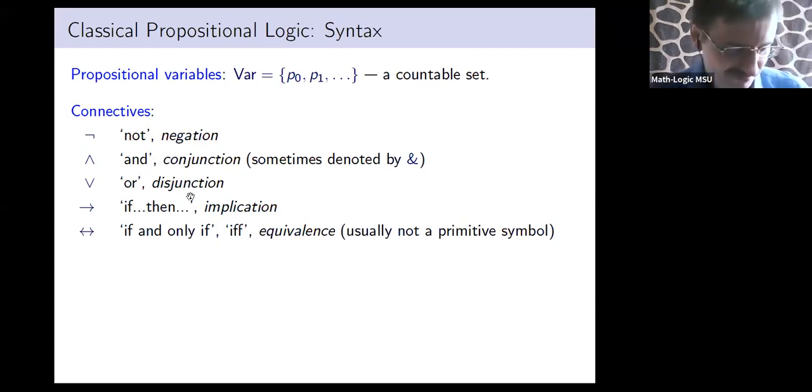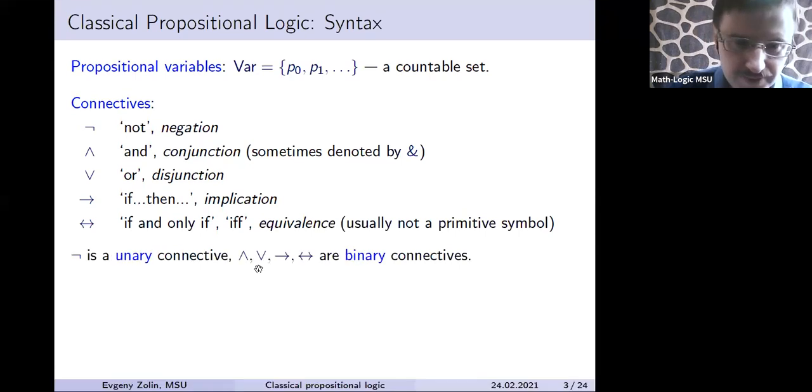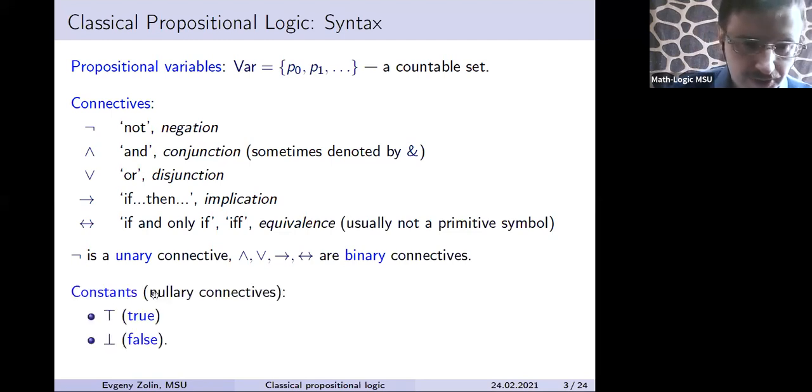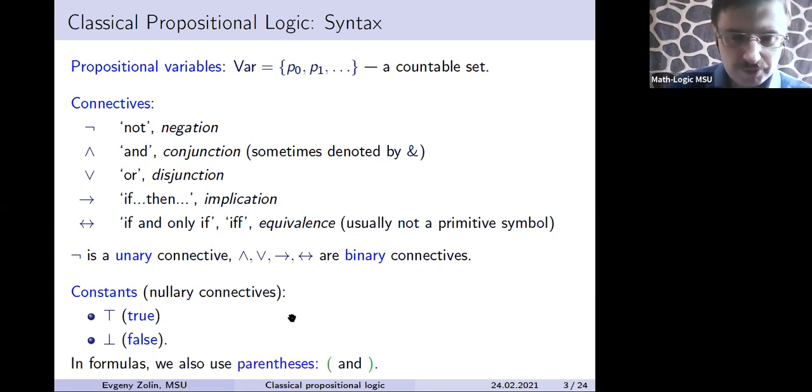But this is exotic from the viewpoint of building axiomatic systems, from the viewpoint of reasoning in this logic. So we will use the first 4 connectives. Negation is the unary connective. All other connectives are binary, so they take 2 arguments. We will also have nullary connectives or constants, true and false. Of course, you can define them, but we will introduce them in the language. And in formulas, we will also use parentheses.